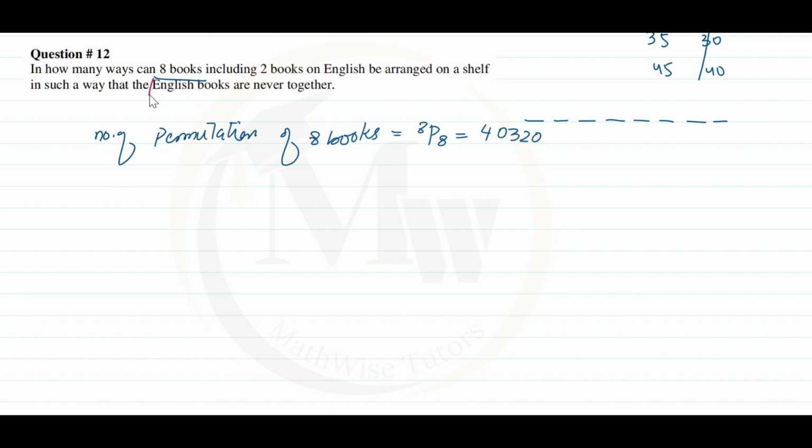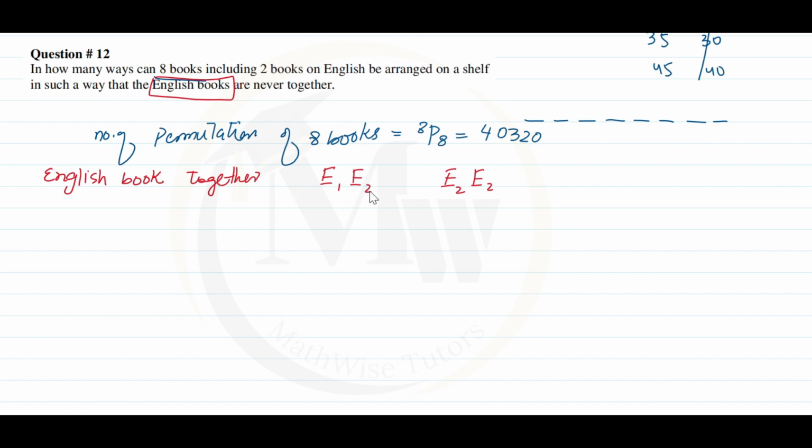Now let's think about when the English books come together. There are two ways that English books come together: first E1 then the second book, or second book then first book, because this is a permutation and in a permutation the order matters. If you change the order, a different thing will happen.